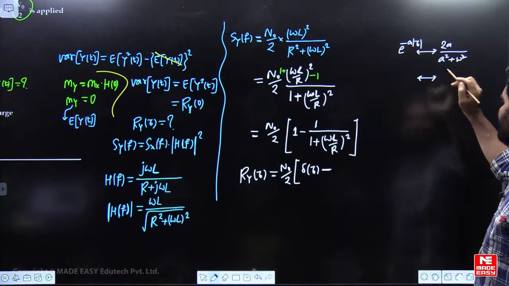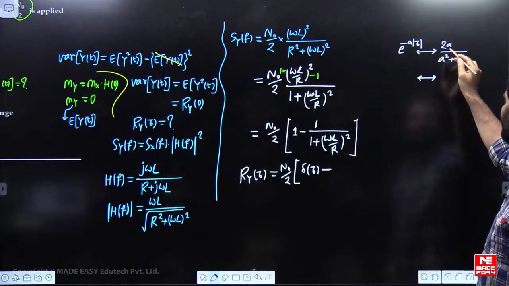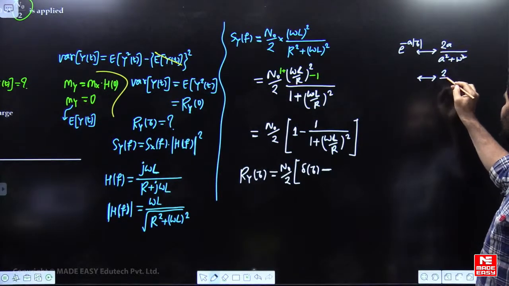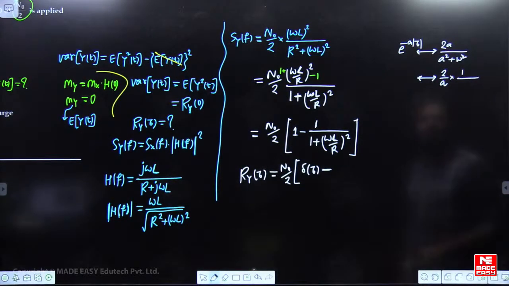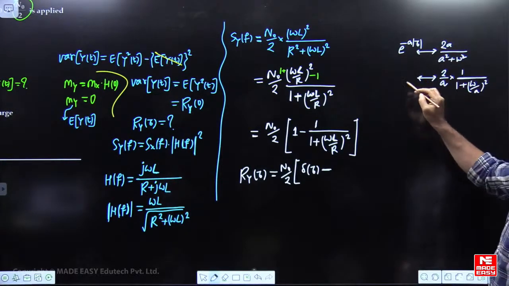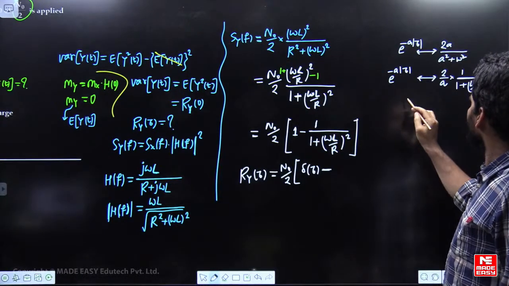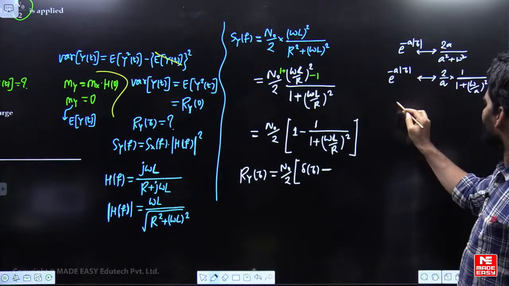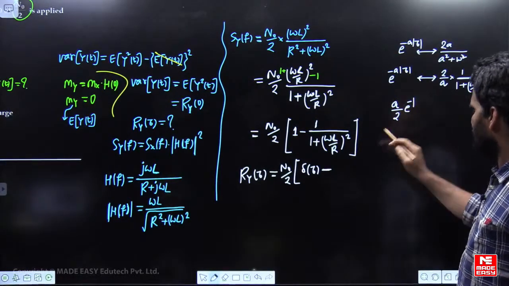If you take a square common here, this is 2 by a times 1 plus (omega by a) square, the a will be cancelled. This is e power minus a mod tau. And if you write it to the left side, this is a by 2 into e power minus a mod tau.